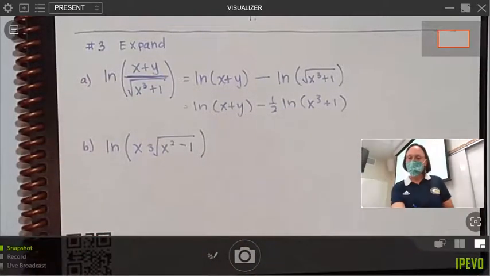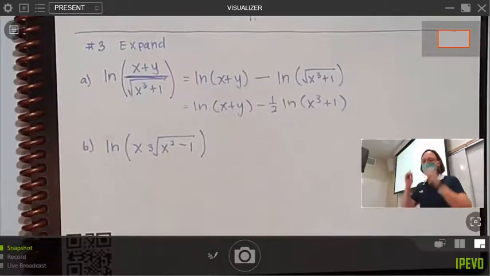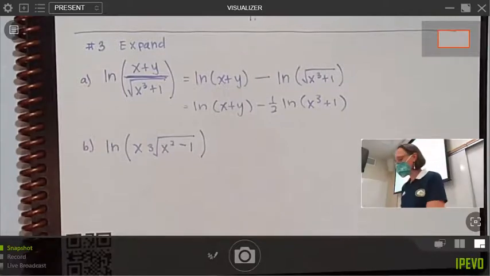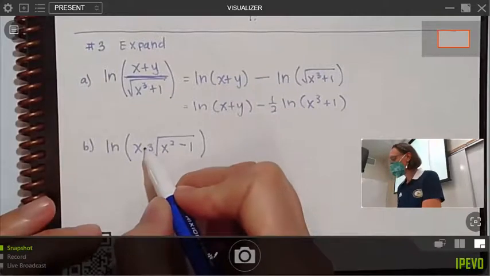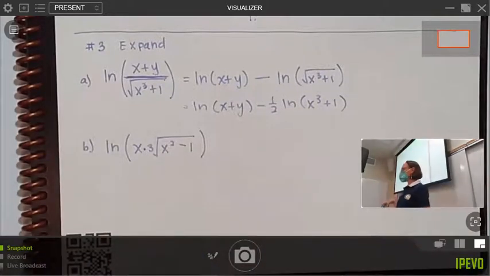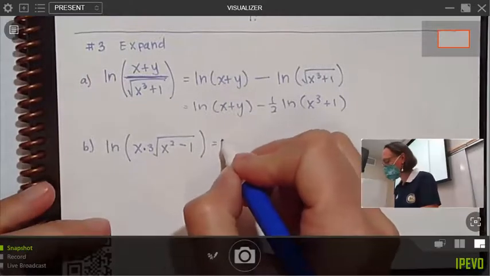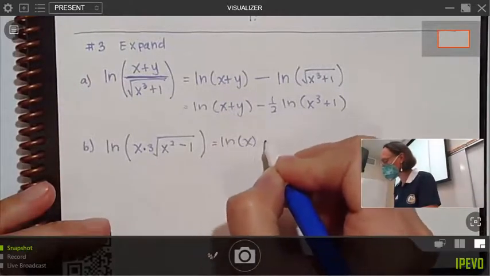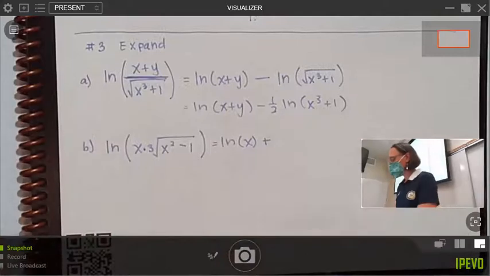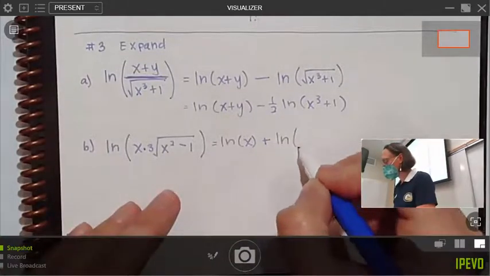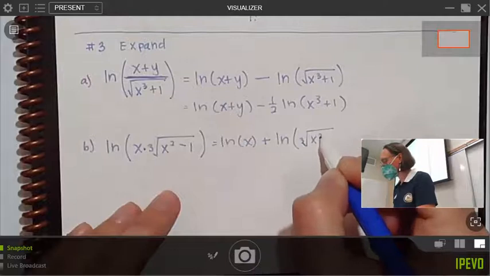Now, as I was reading that, I said something critical here, which is there's an implied multiplication between the x and the cube root of the garbage, which means when we expand that out, we'll have ln of x plus ln of the cube root of x squared minus 1.